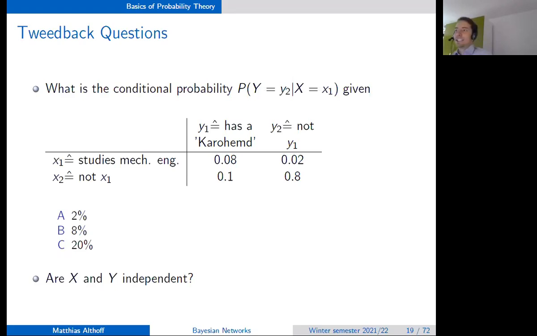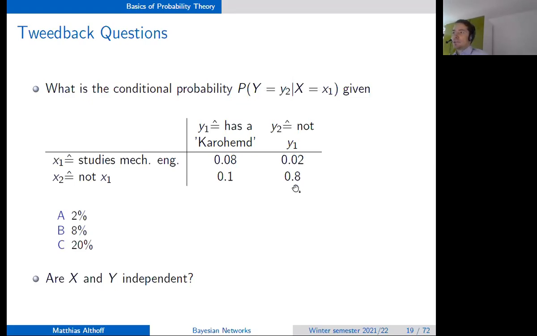Of course, you can say that's obvious from my own experience, but mathematically, we know the probability of Y given X, like the probability of having no Karohemd given that you're studying mechanical engineering, is 0.2, and the probability of having no Karohemd is 0.82, which is much higher.